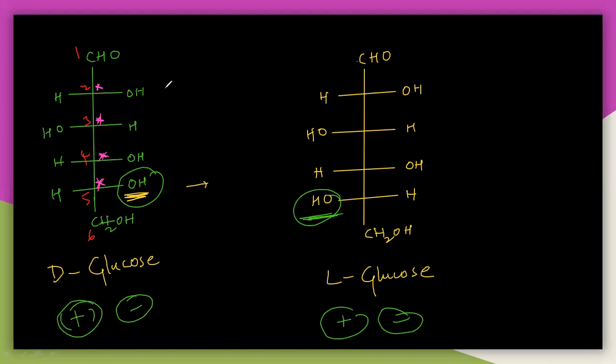We are not considering all the chiral carbons above. ఈ పైన ఉన్న కార్బన్స్ మనం పట్టించుకోవట్లేదు. అందుకే దీన్ని రిలేటివ్ కన్ఫిగరేషన్ అన్నాం. So let us take one example here. Let us take this is CHO. It's like this. And observe this.